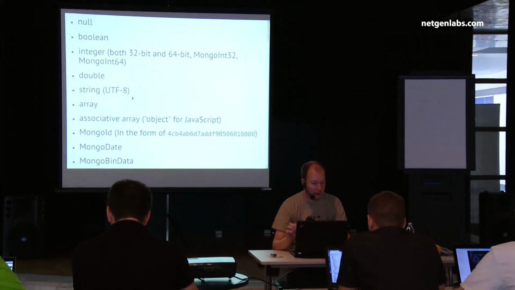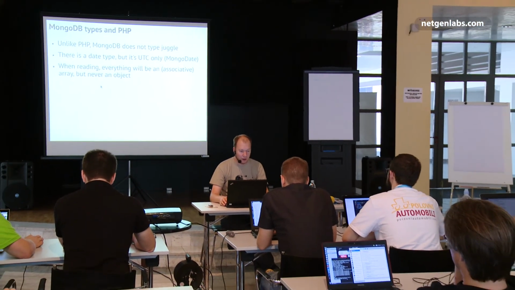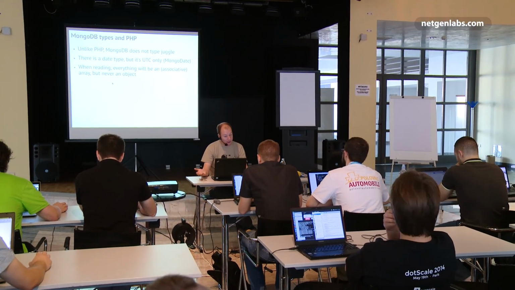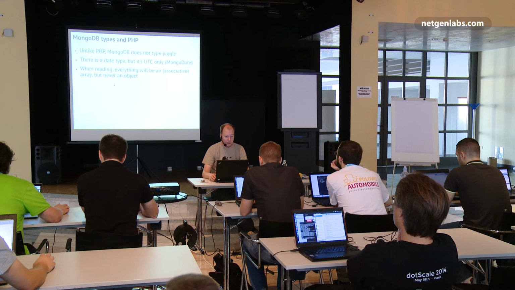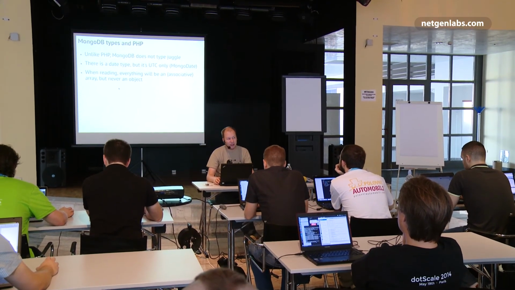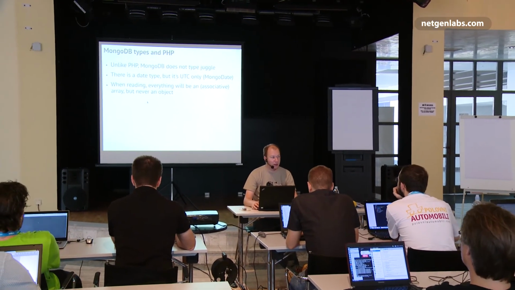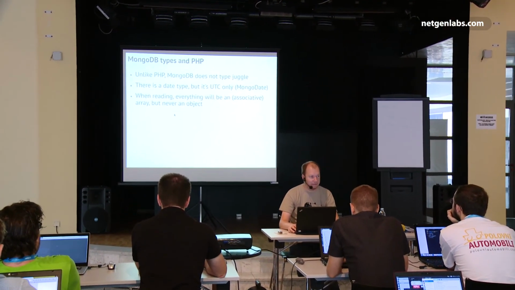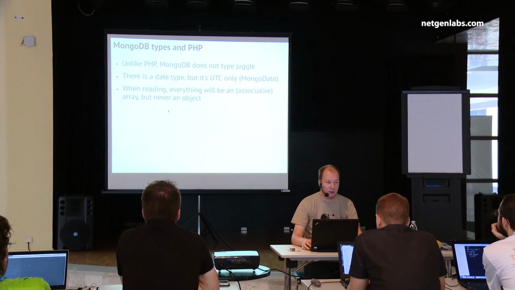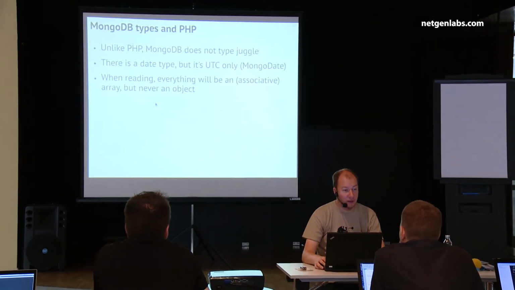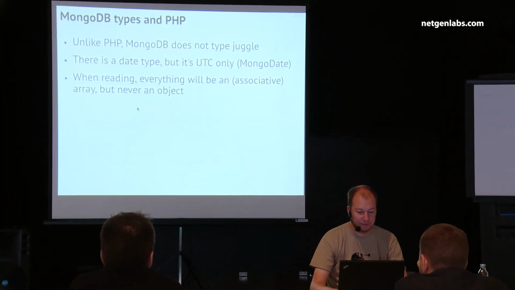That's something to keep in mind. All right, so like I said, MongoDB doesn't do type juggling like PHP does. The date type that MongoDB has is called MongoDate, but it's basically a Unix timestamp. So it doesn't contain time zone information like PHP's DateTime object does.